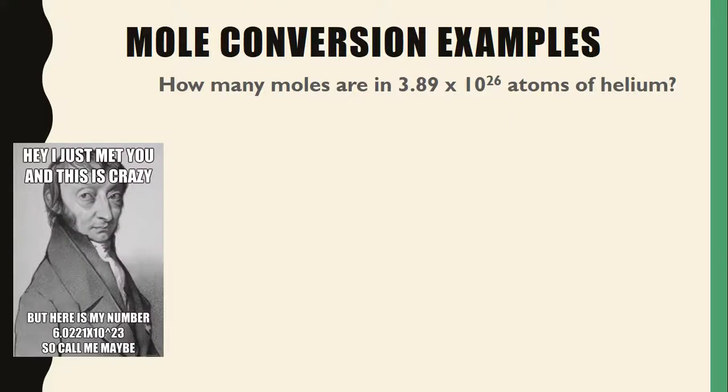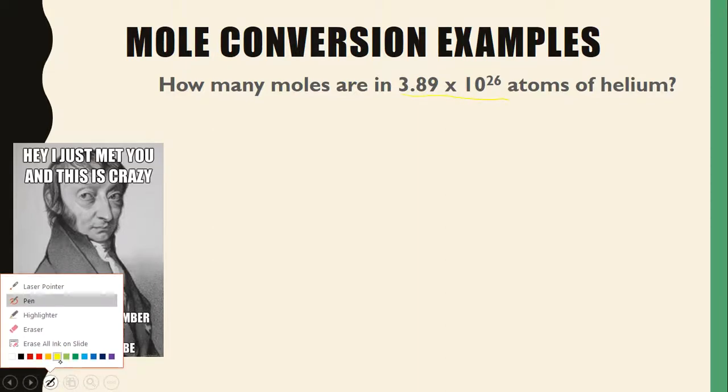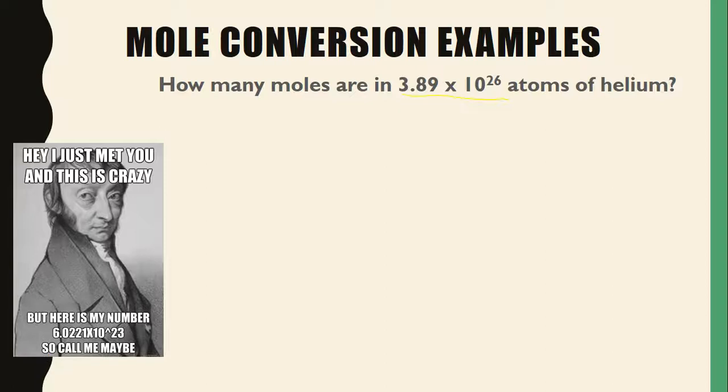All right, let's talk about this one now. If we have atoms, in this case, the number we have here is 3.89 times 10 to the 26 atoms of helium.